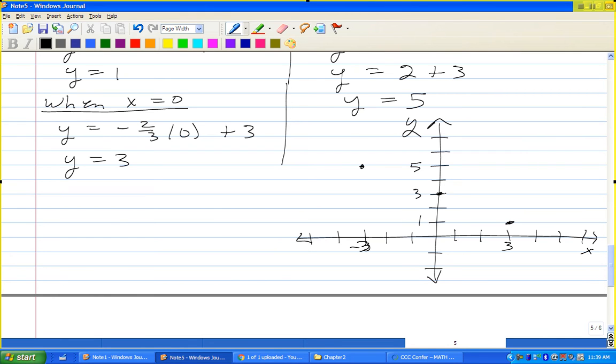Okay, so let's try to draw a line through those, if possible. And so I have the following is the sketch of the graph. Y equals negative 2/3 x plus 3.